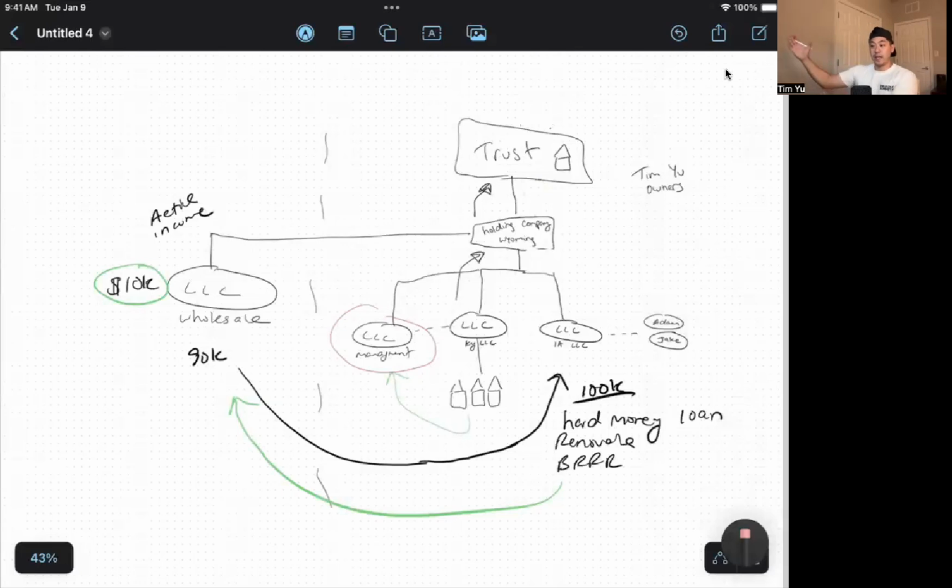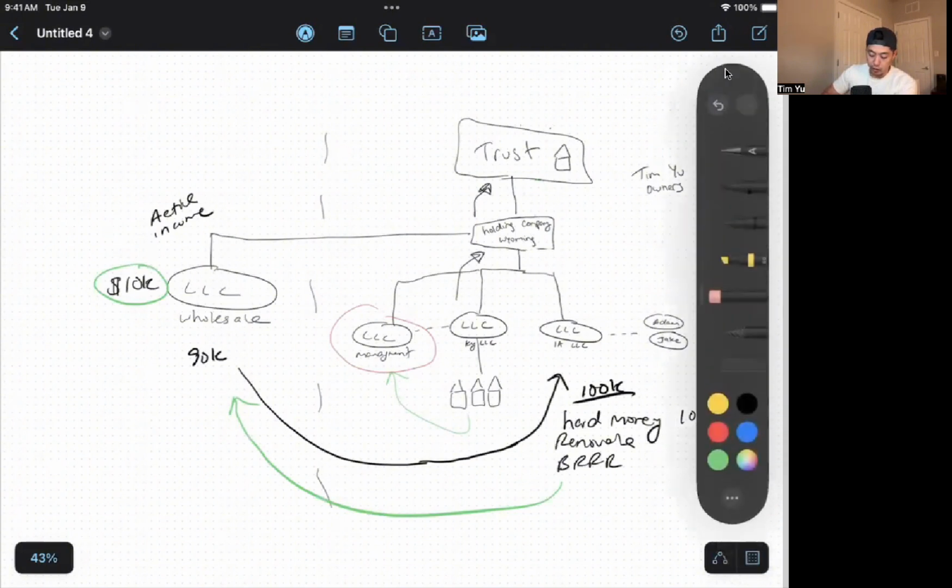Because you want to get paid for the work of finding the deal from the wholesale business, which gives you the ability to continue marketing. If you pay yourself $10,000, now you have $10,000 more to market to find your next deal. And then your long-term portfolio LLCs are actually doing the deal and making the money, and having that long-term wealth build up.